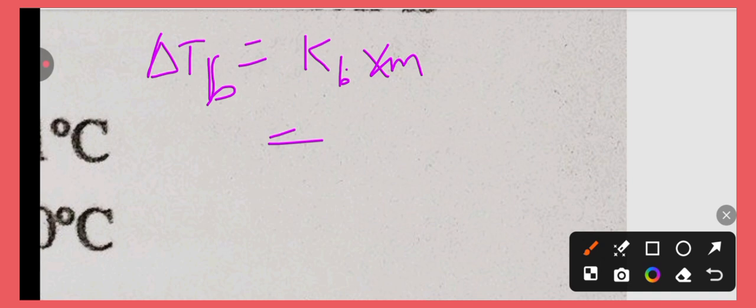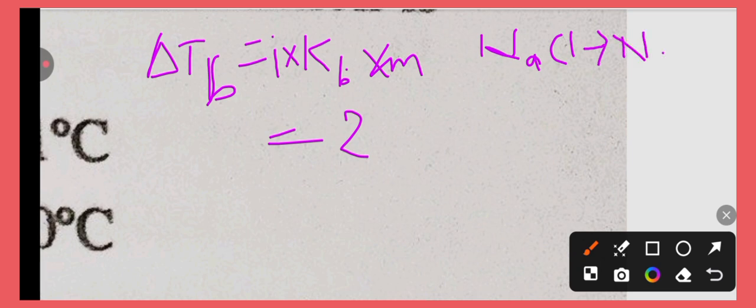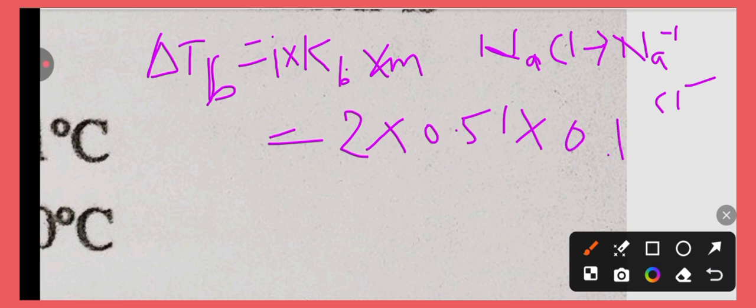Here Kb is given and i, Van't Hoff factor, will also be multiplied. Here i is equal to 2. Why 2? Because NaCl when dissociates forms 2 ions, that is Na plus and Cl minus. That's why here i value is 2 and Kb value is 0.51 and molality value is given in the question, that is 0.1.